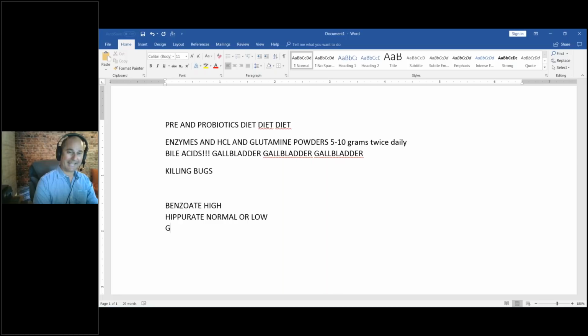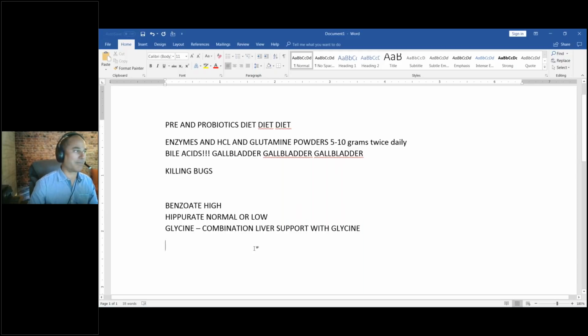That means they need glycine, but I don't usually give them pure glycine because it's a pain to carry pure glycine. I'll give them a combo liver support product with glycine in it. You hit the other pathways too. If you want to give them pure glycine, you can, but I think it's just as well to give them a combination product.